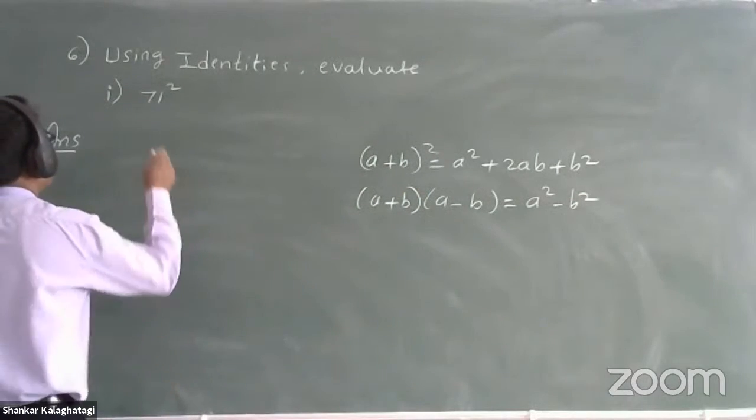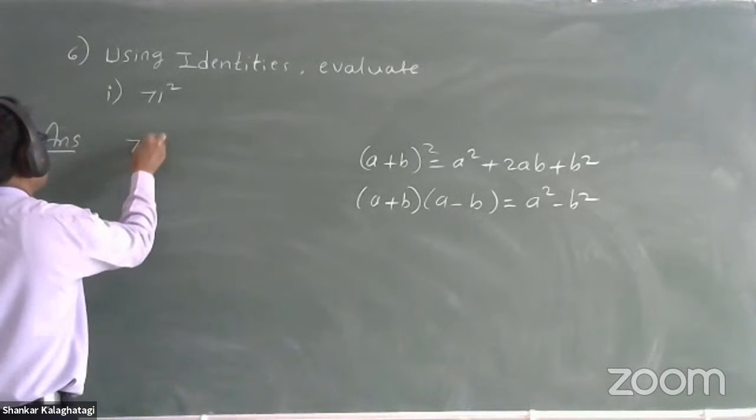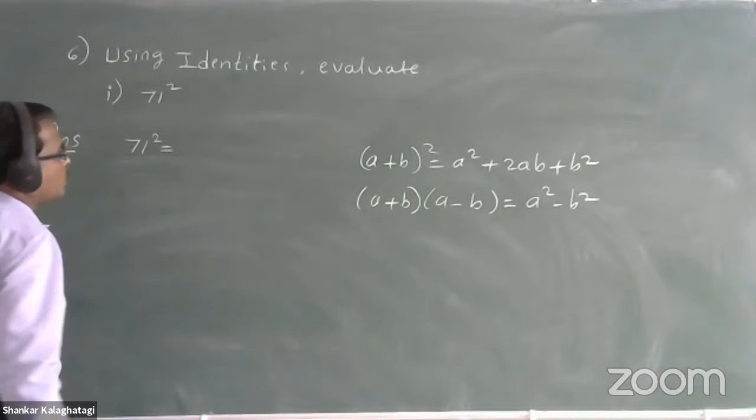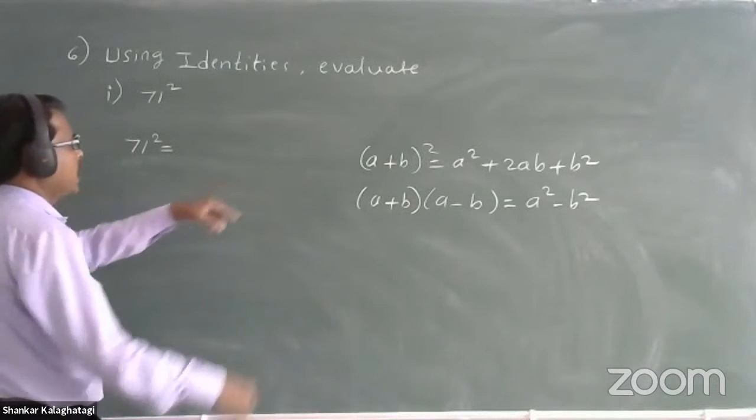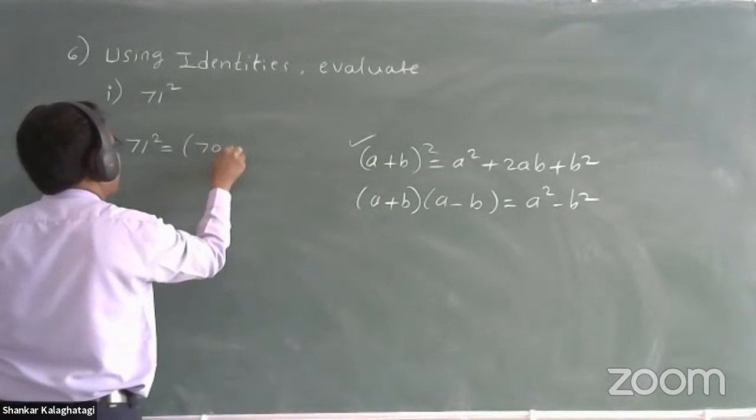Okay. So how? 71 square is equal to. If you are using the first identity, you can write 70 plus 1 bracket square.